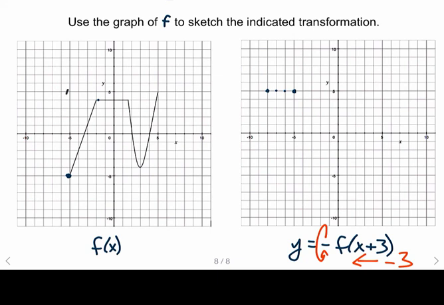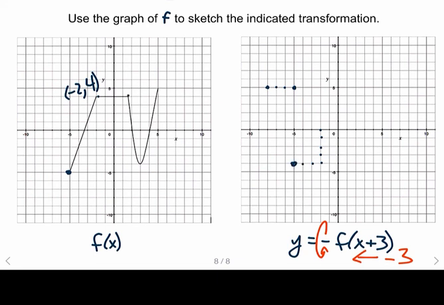The point (-2, 4) is going to be flipped, so it would be at (-2, -4), and then it's going to be moved to the left by 3 units. The point at the end of that horizontal segment, (1.5, 4), is going to be (1.5, -4), and then again move to the left by 3 units.